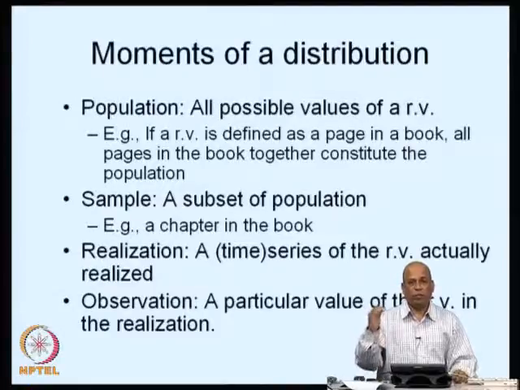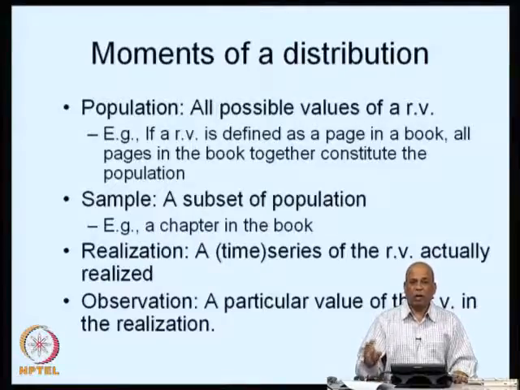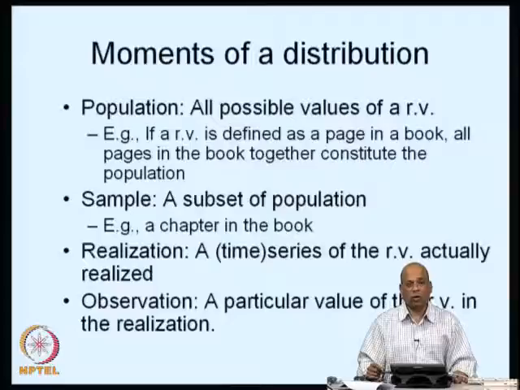So, from the population you have a subset called a sample, and a realization, which is generally used in the time series sense, where the values that the random variable has actually taken are called a realization. Let us say you are talking about flow in the June month of 1977, which has been observed already. A particular value in the realization is called the observation.